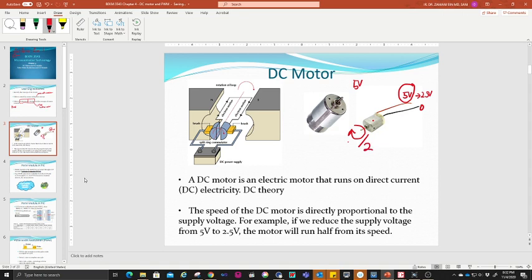Very simple: say you have a 5 volt battery, and over time the battery decreases in power to 2.5 volt. The motor speed will then be slower than with the 5 volt input. So the speed of the DC motor is directly proportional to the supply voltage.